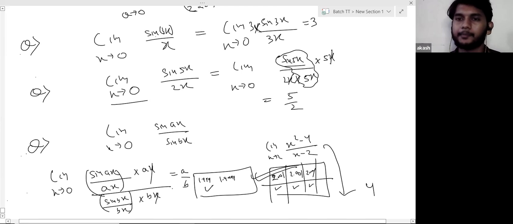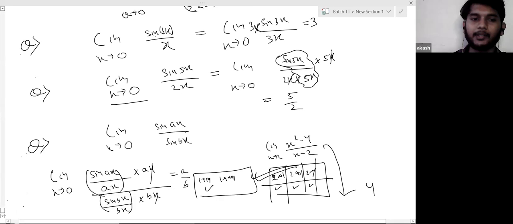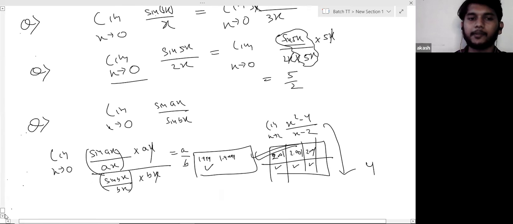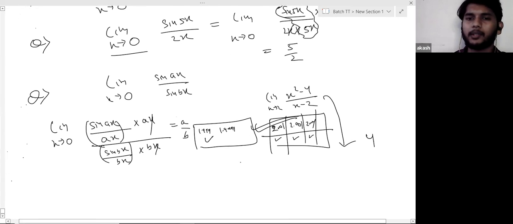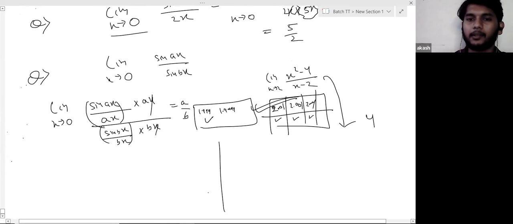Is it clear, everyone? Yes. All right. I hope this is clear because we are going to need this. And this thing is also clear, right? Like what is actually happening in limits. See, let me give you an example by drawing a graph.